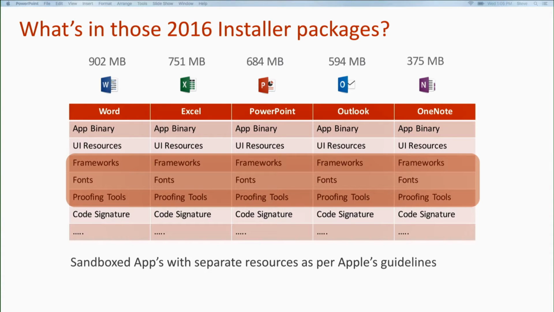So what we've actually done is we've taken those frameworks, fonts, and proofing tools and separated them into another package, which is re-injected at install time, which means that the actual downloads of the primary app binaries, etc., are separate from those. And so the whole package weighs in at about 1.5 gig by doing that. This is particularly important when we get to updates a little bit later on, when we look at both combo and delta updates and how we minimize the amount of traffic that's coming down your pipe in order to keep things up to date.